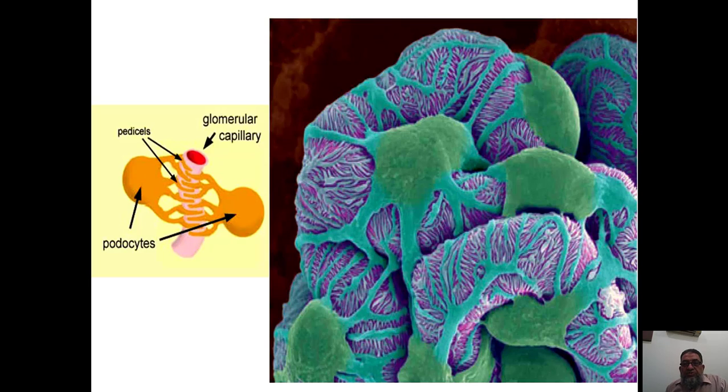Now look at the picture. It's a hypothetical diagram. Look at the envelopment of the podocyte. Structure of the podocyte, star shape, having multiple pedicles or pseudopodia encircling the blood capillaries, forming a filtration slit.